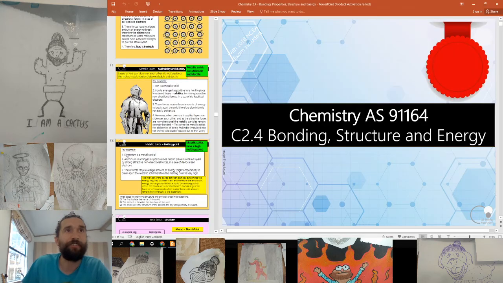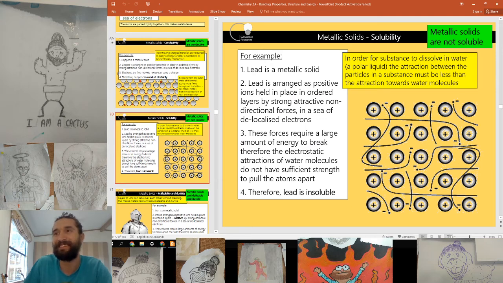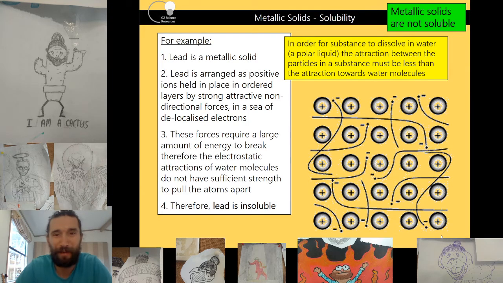Now, just to reiterate it, we're going to go over these slides, which are basically the same thing. Solubility. Imagine the question is, does lead dissolve in water? Lead is a metallic solid.